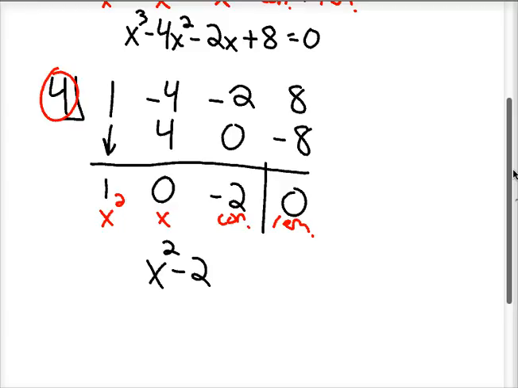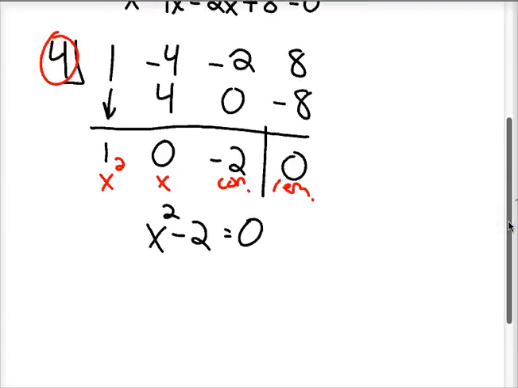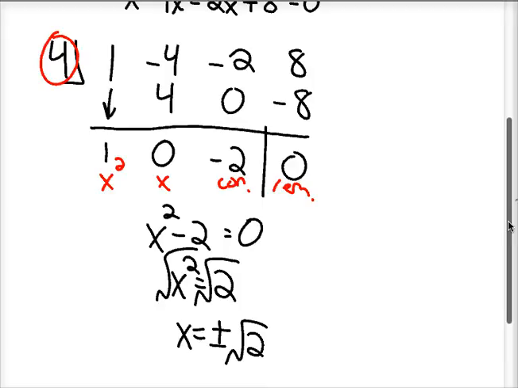And again, I'm still searching for the zeros. But this time, since what I have left is a quadratic, that means that I can actually solve this. I can add the 2 over, square root both sides. Remember, when you square root, you get a plus and a minus. So I get plus or minus square root of 2.